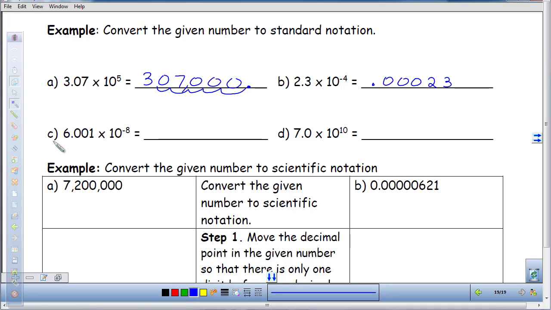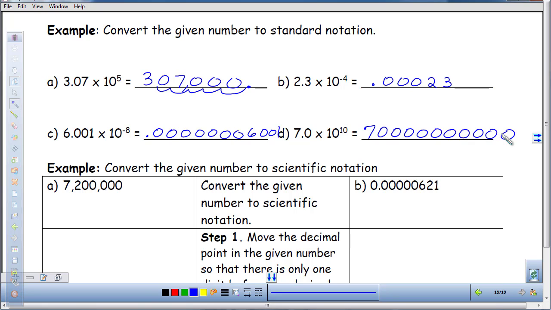So how many zeros am I going to use? 7 zeros, because one of my spaces gets used up moving the decimal from behind the 6 to in front of it. So that's 1, I need 7 more moves. So 1, 2, 3, 4, 5, 6, 7. And then this one, we need 10 moves, so 1, 2, 3, 4, 5, 6, 7, 8, 9, 10.